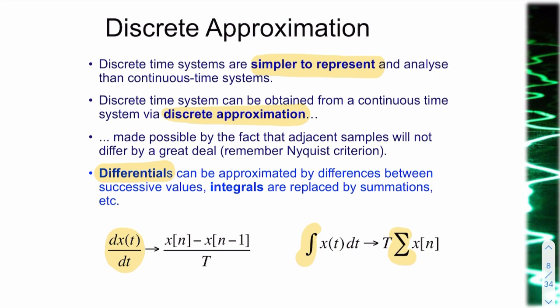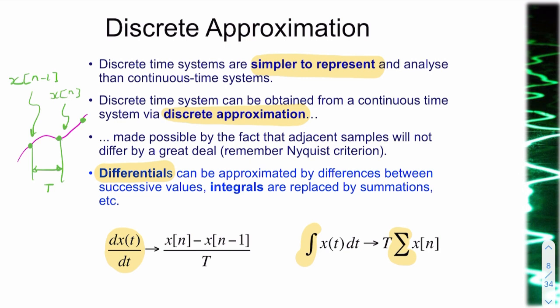So if you imagine you have some signal like that, and you have a sample here, a sample there, the time between samples is T. Let's say this is x of n minus 1, and that is x of n.